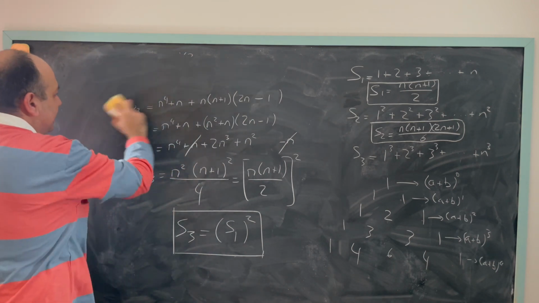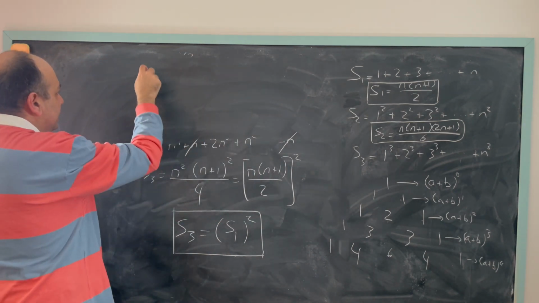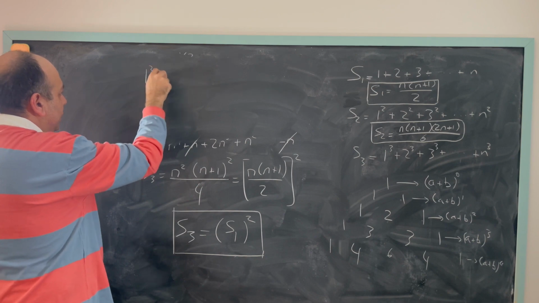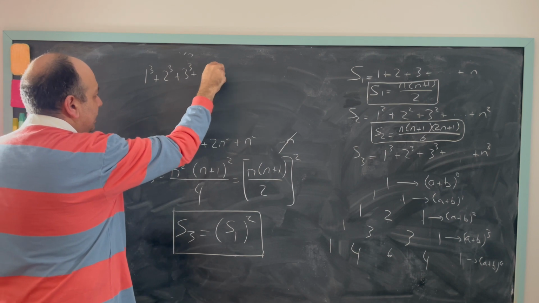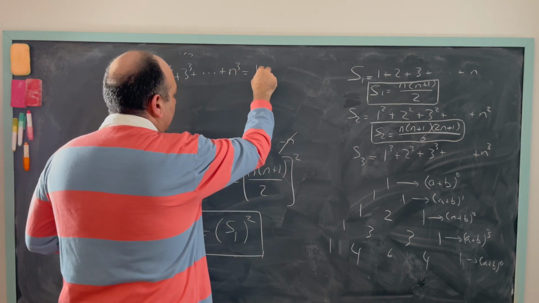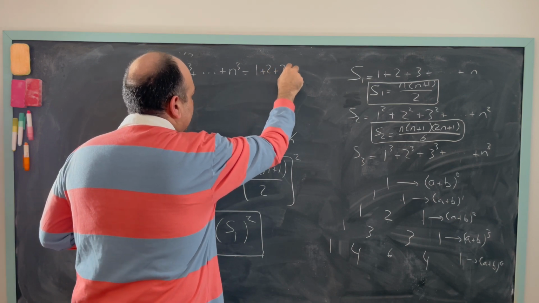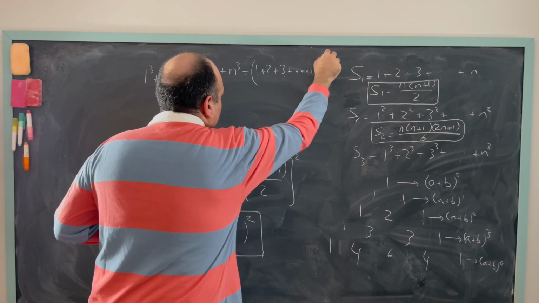This is a really interesting result. So what does this say? It says that 1 cube plus 2 cube plus 3 cube plus dot dot dot plus n cube is equal to 1 plus 2 plus 3 plus dot dot dot plus n, all squared.